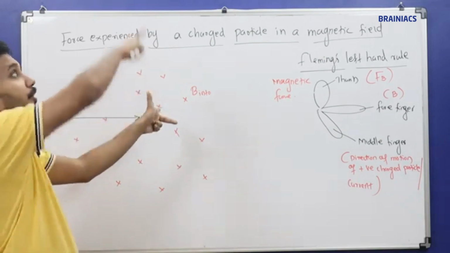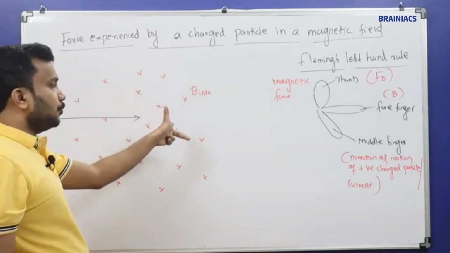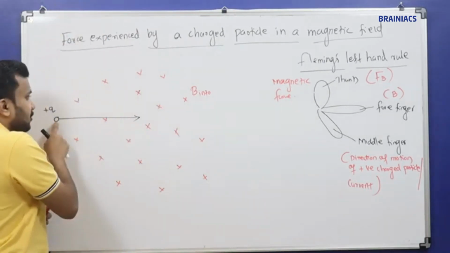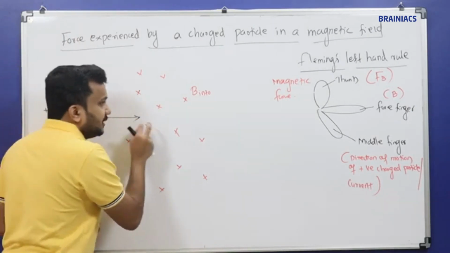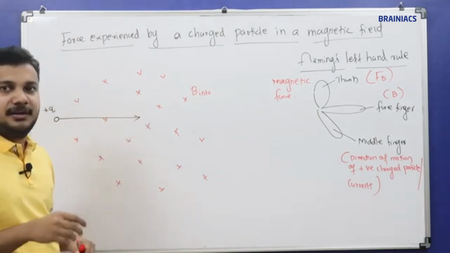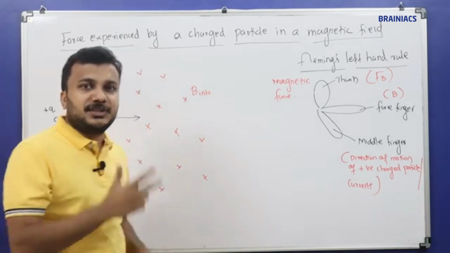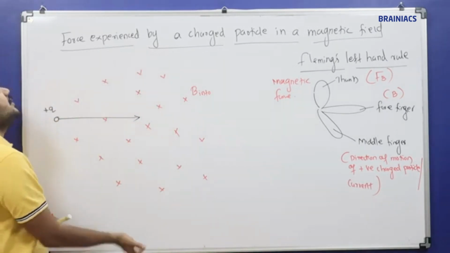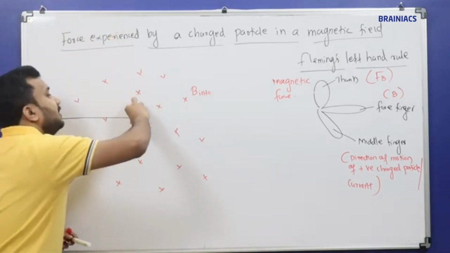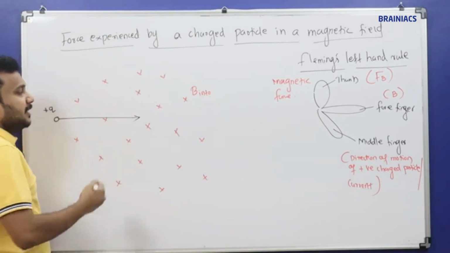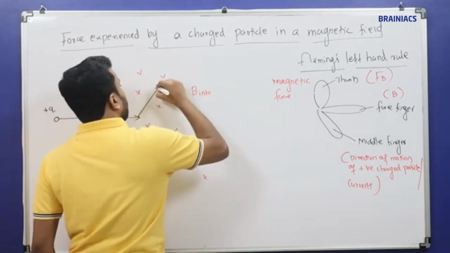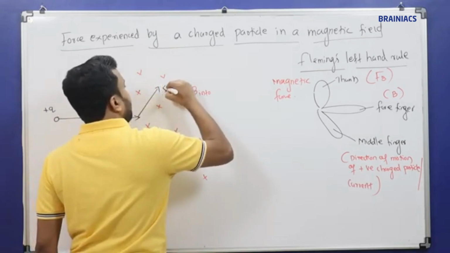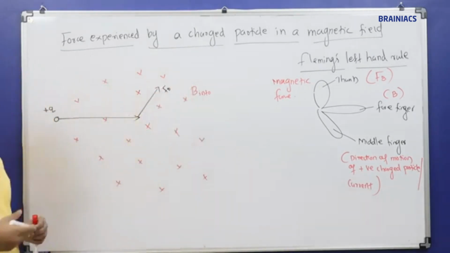My thumb is going in an upward direction, which means as soon as the charged particle enters the magnetic field, it experiences an upward force, as if somebody is pulling it, and it moves with a force called FB.